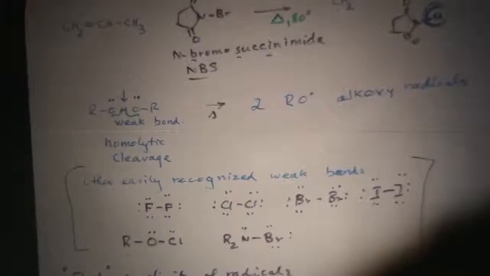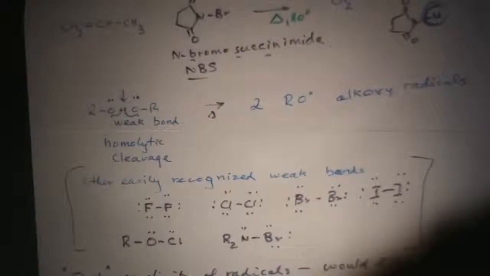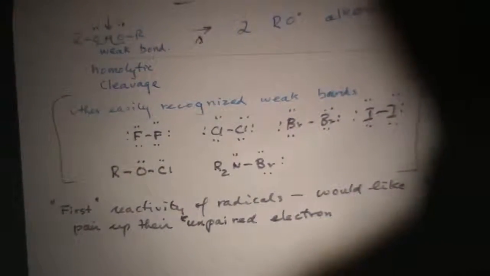And the first property, the most important reactivity of radicals, is that they would like to pair up their unpaired electron. They're not very happy having this one unpaired electron. And they'd like to make a bond.